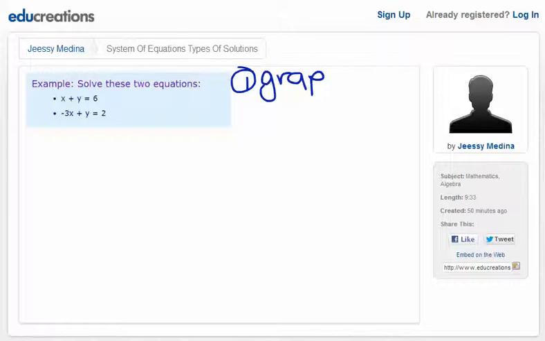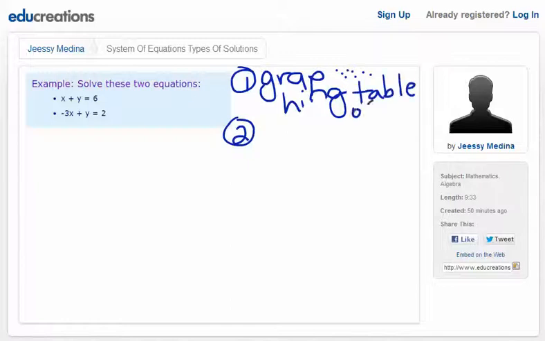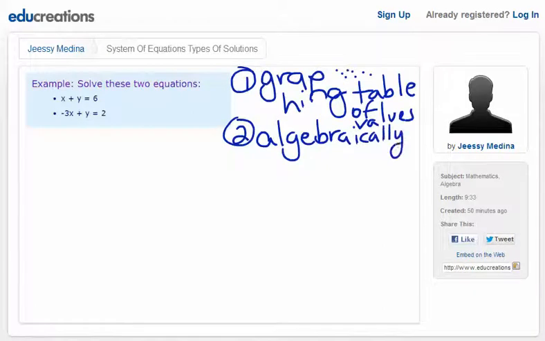Number 2, and by graphing we mean by making a table, a table of values, okay? Or you can solve it algebraically. Algebraically is the one that we like in class the most.